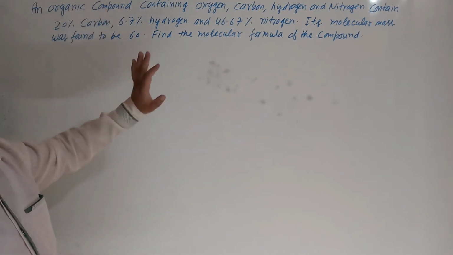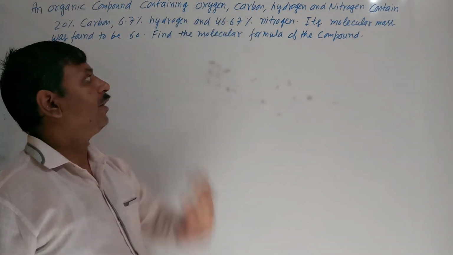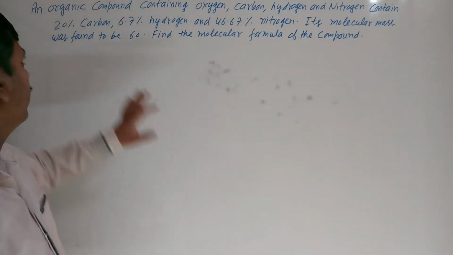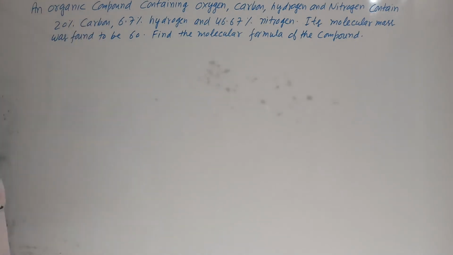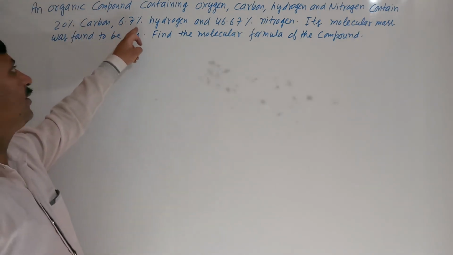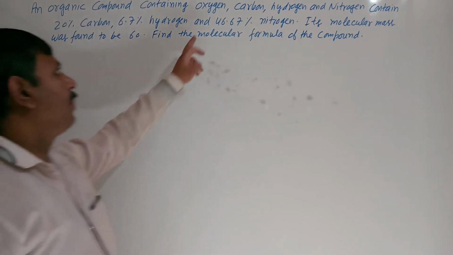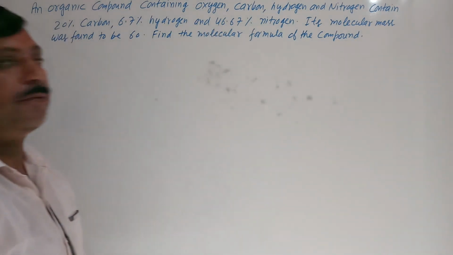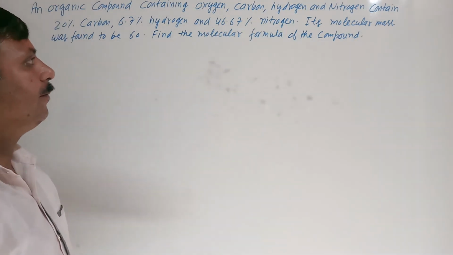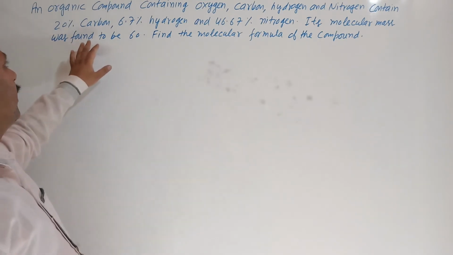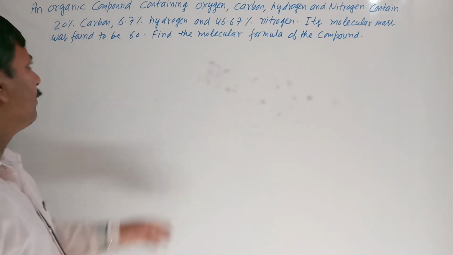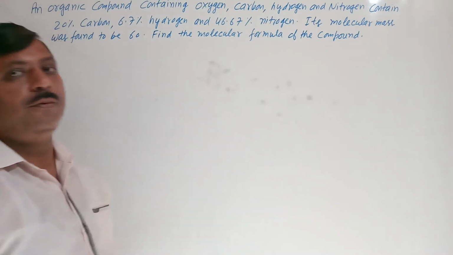An organic compound containing oxygen, carbon, hydrogen and nitrogen contains 20% carbon, 6.7% hydrogen and 46.67% nitrogen. Its molecular mass was found to be 60. Find the molecular formula.